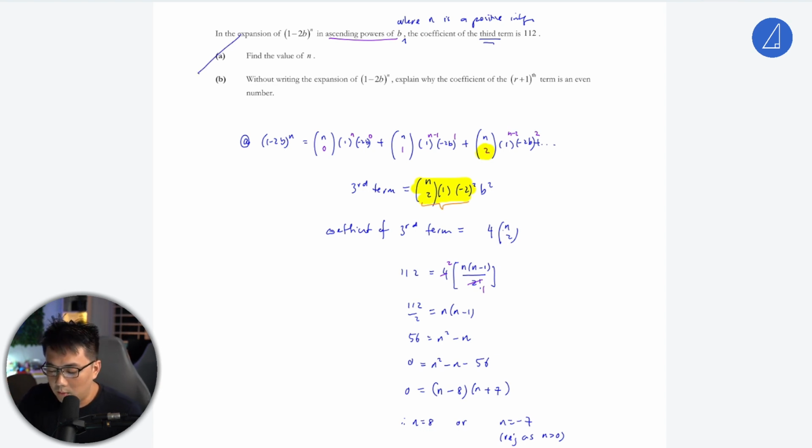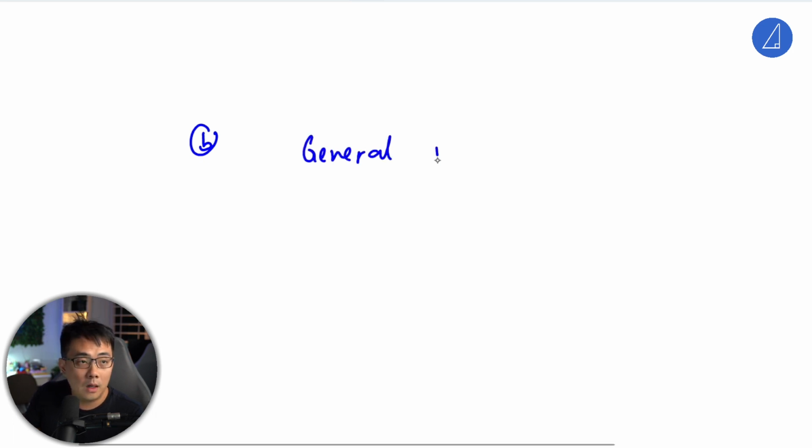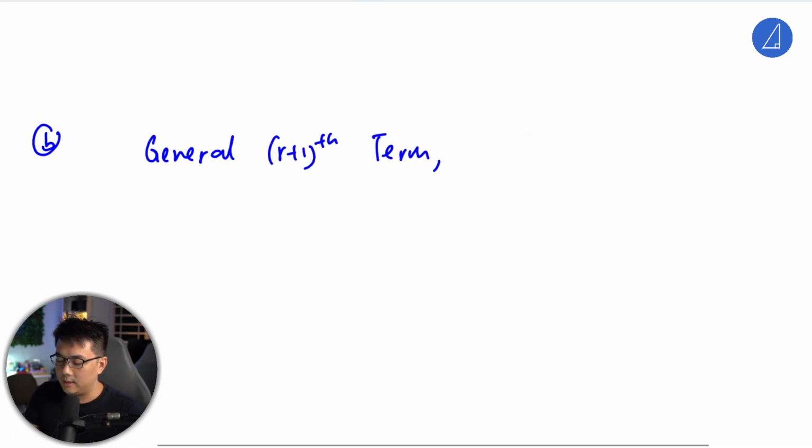Next: without writing the expansion of (1 minus 2b), explain why the coefficient of the r plus 1 term is even. Let's look at that. If we were to expand the nth term, the general term, the r plus 1 term, is T_(r+1).